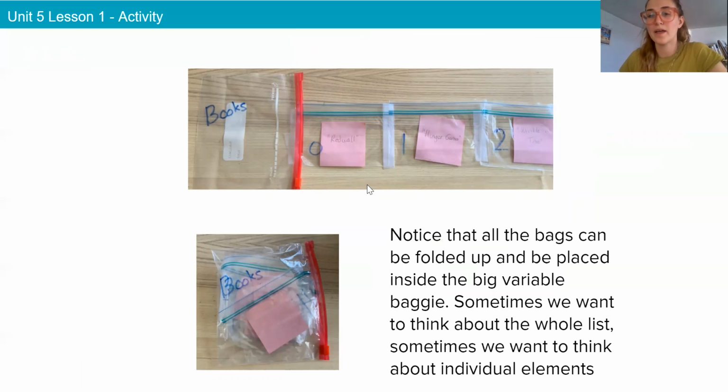If you're using Ziploc bags, this is really a nice visual: we can take all those smaller bags, those elements, and fold them up and put them inside the bigger bag. So we can sometimes think about the list as a whole, or sometimes we want to think about the individual elements of the list.